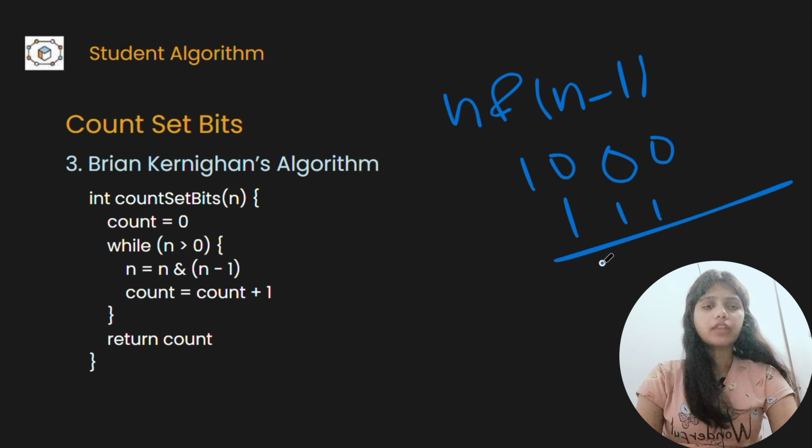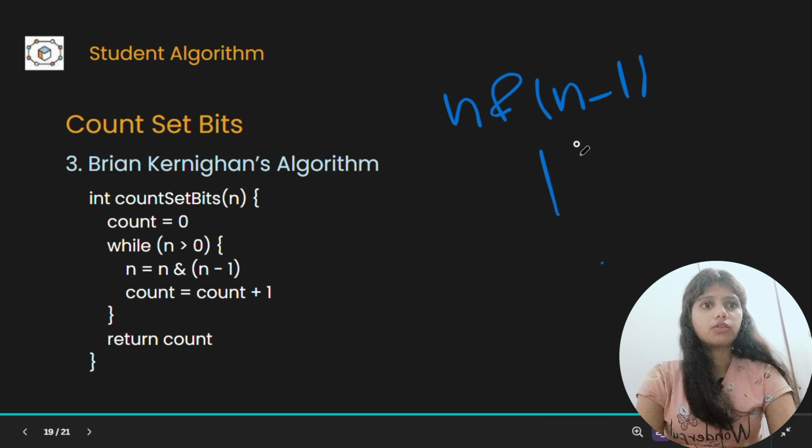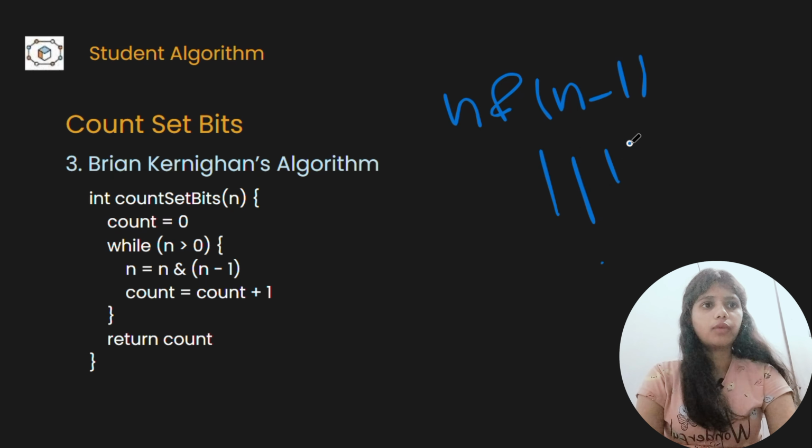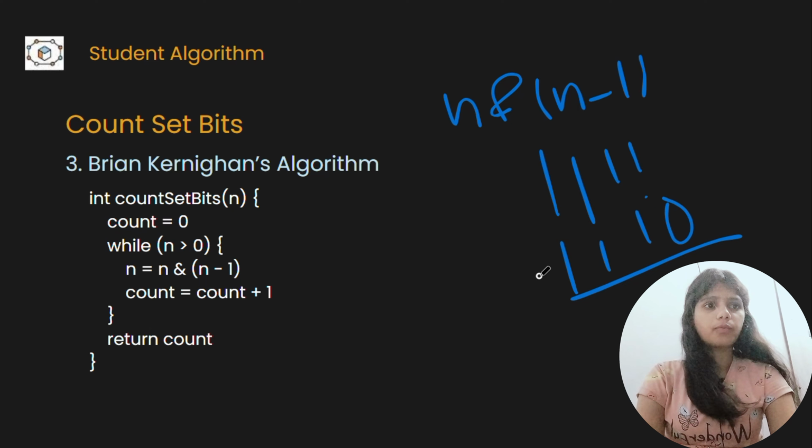This is pretty much clear. Now let's consider another random number, 15, and n minus 1 is 14, that is 1110. Now we perform the AND operation over here, and we'll get 1110.